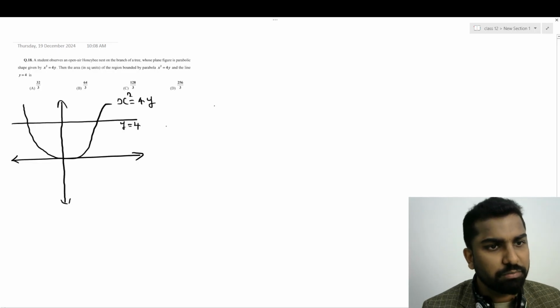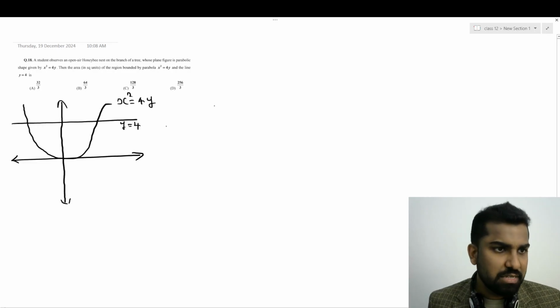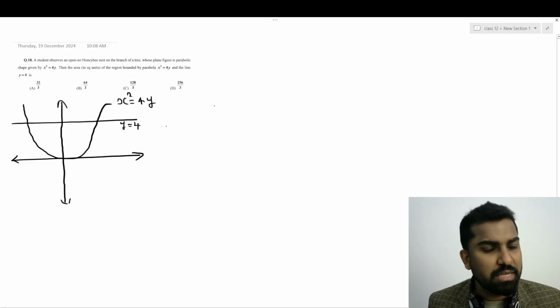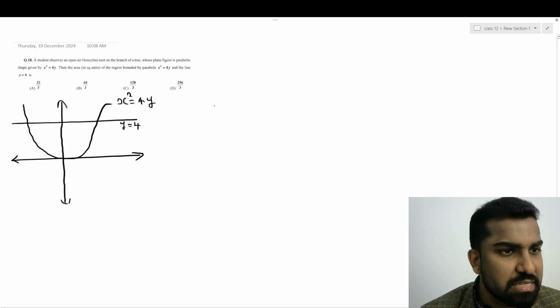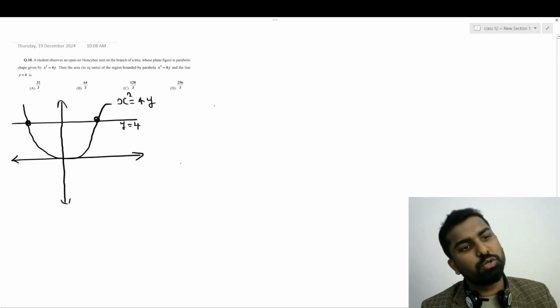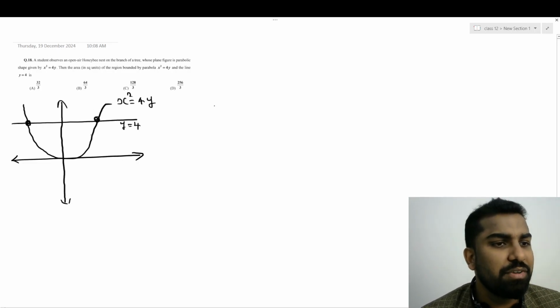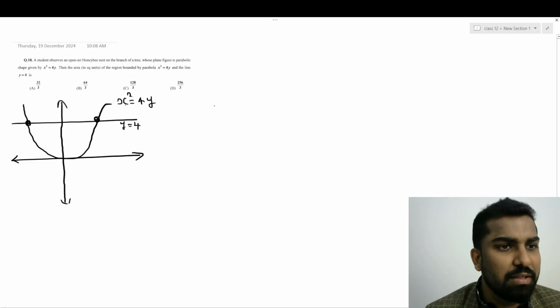All right. Okay, so first and foremost important thing is we have to find the point of intersection. Suppose there is a line and the points are intersecting at two places, so we have to find the points of intersection. Okay, so x square equal to 4y, y equal to 4.